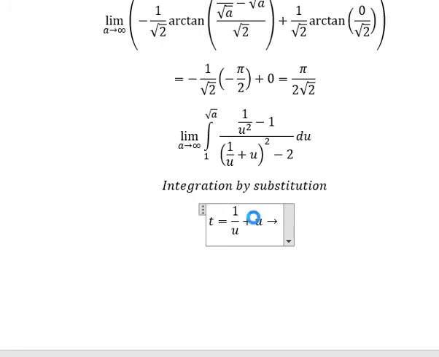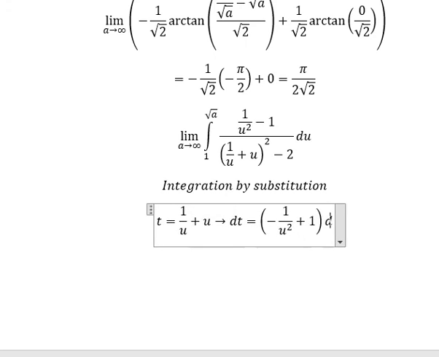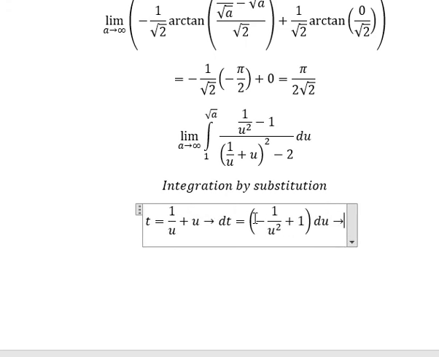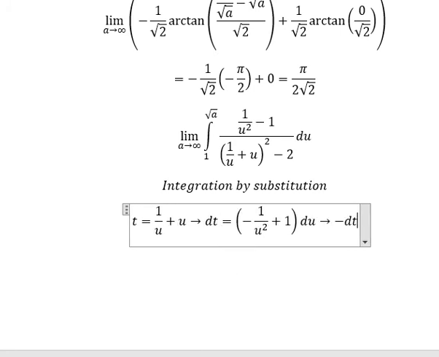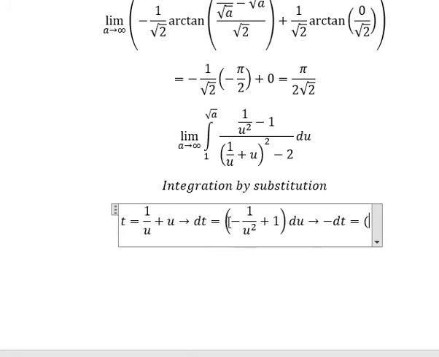Later, we do first the derivative for both sides. Now we put the negative for both sides. So because we have the negative in here, we can change the sign of this one.